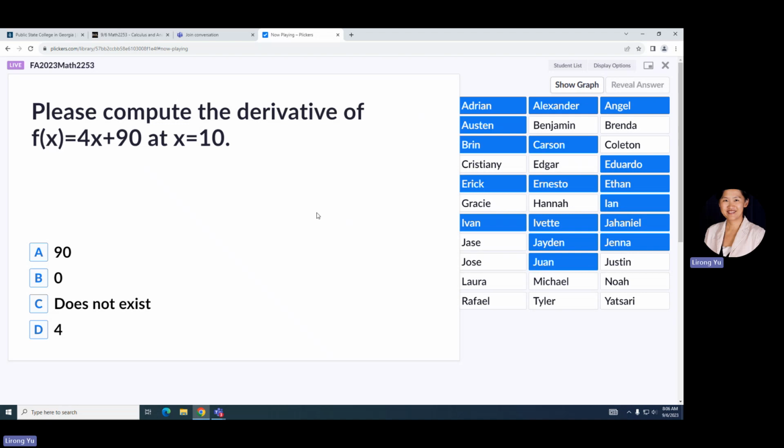So f of x plus h is, another thing you should do is place it where the x is located in the equation, insert x plus h for x. So we substitute x plus h right after the 4. So it becomes 4 times x plus h plus 90. That's the first part of it.